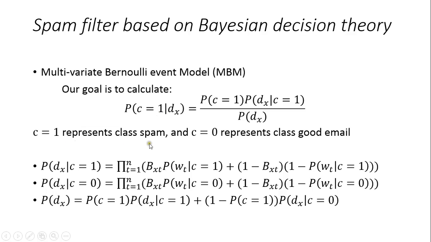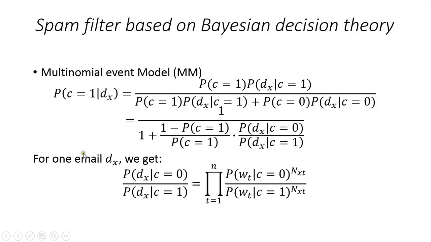C equals 1 means it is spam, C equals 0 means it is a good email. And we can get these two conditional probabilities and this P(x) here. And if we use another model, the multinomial event model, we can get the posterior probability from this equation here.